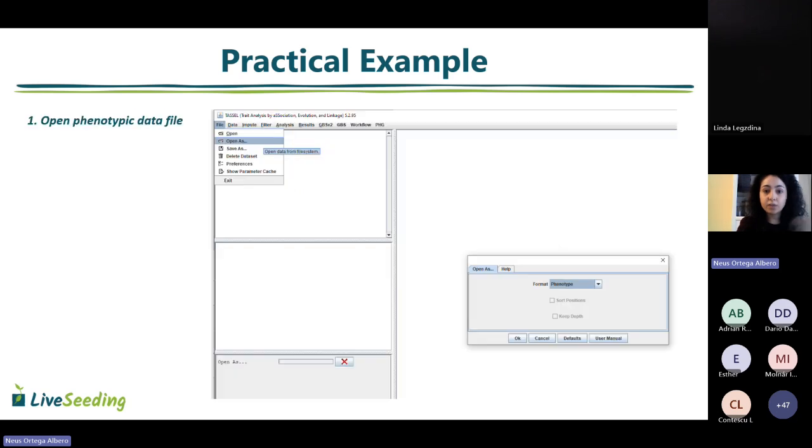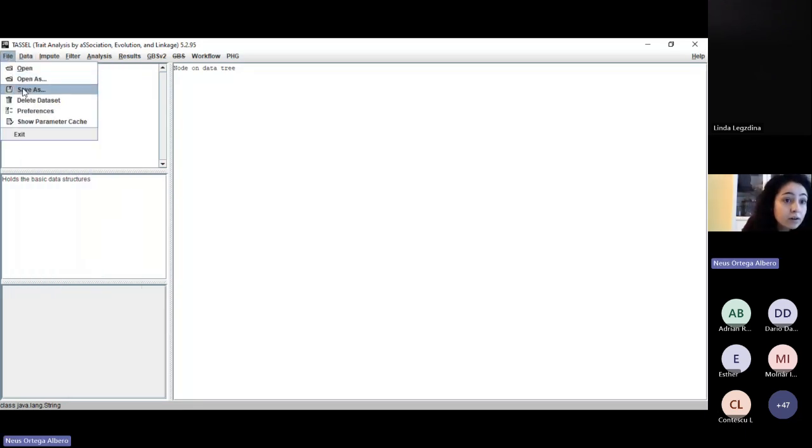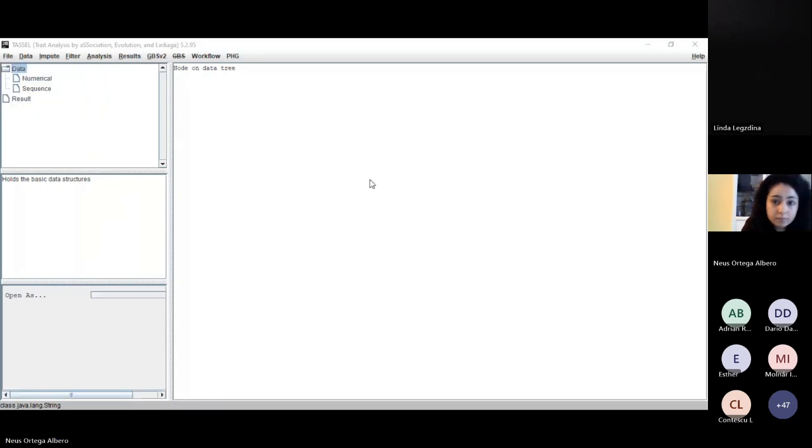So let's start with Tassel. Do you see the Tassel screen? We're going to start by uploading the phenotype information to Tassel. Open as, we're going to select phenotype. I'm going to select growth habit txt.